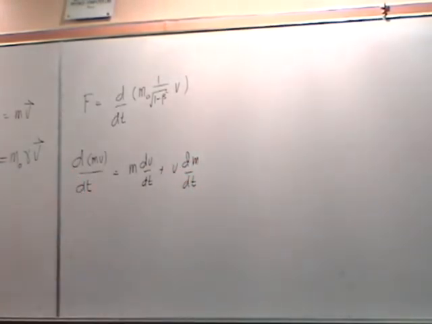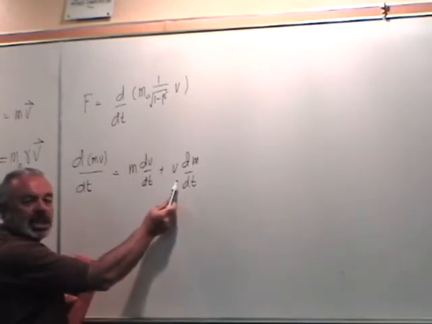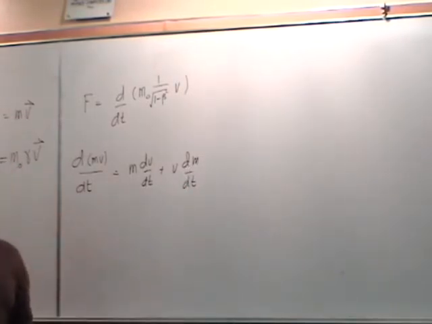So there's a second term in there, and this term does not vanish as it did in Physics 4. In Physics 4, there was no change in m in time, so that term vanished. Now we realize that it doesn't. So that's going to affect everything we do.